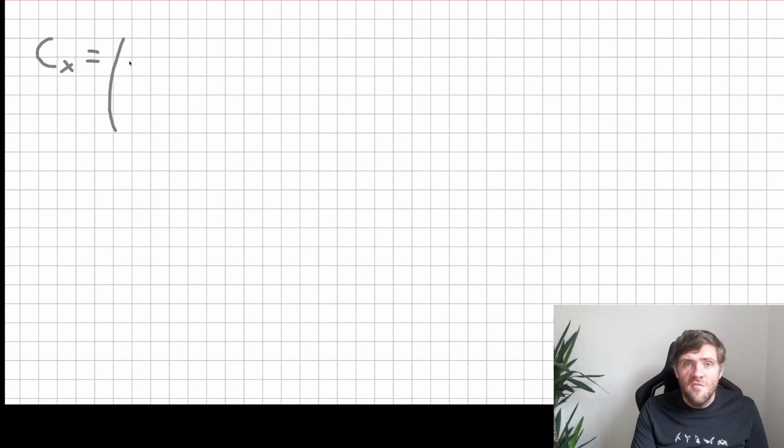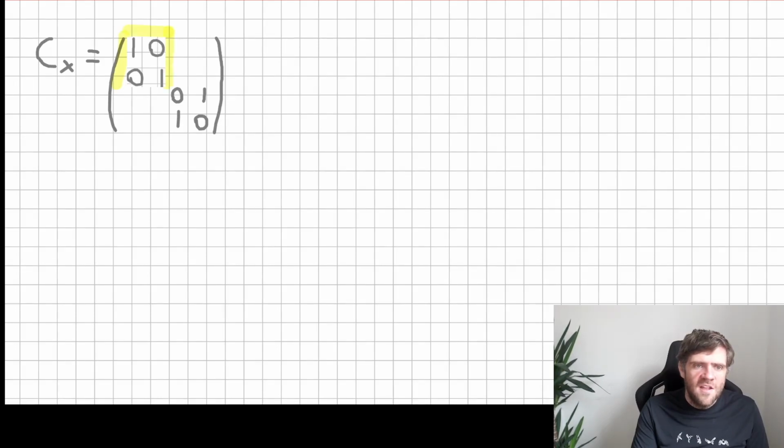So this version of the controlled knot, which has the control on the left and the target on the right, can be written in a block diagonal form, where the first block is the identity and the second block is an X. And remember that this first block pertains to any state for which the control is in the state 0, and the second block pertains to any state for which the control is in the state 1.